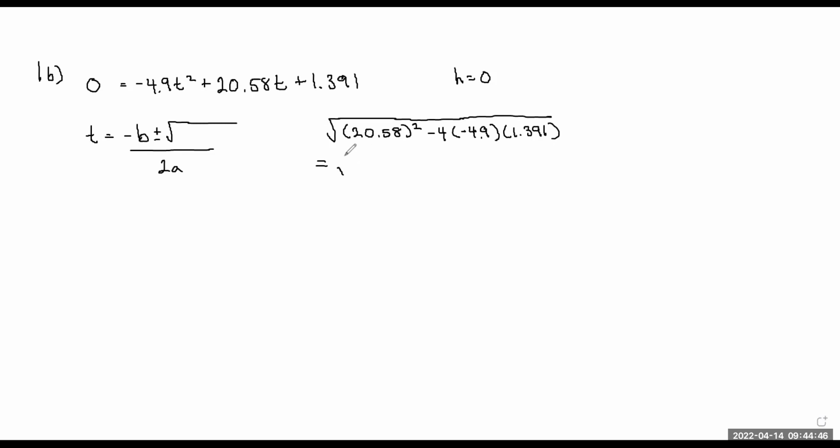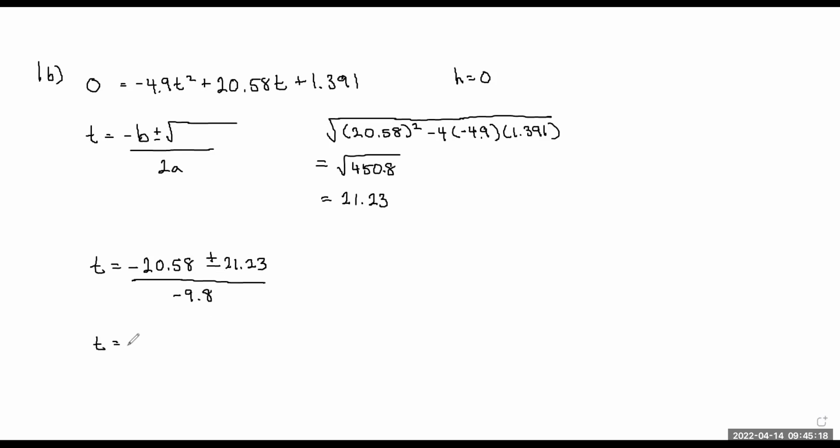So it's a positive. Inside the square root is 450.8, which is going to be approximately plus or minus 21.23. Let's just round it. So my time is going to be negative b plus or minus 21.23 all over 2 times a, which is negative 9.8.